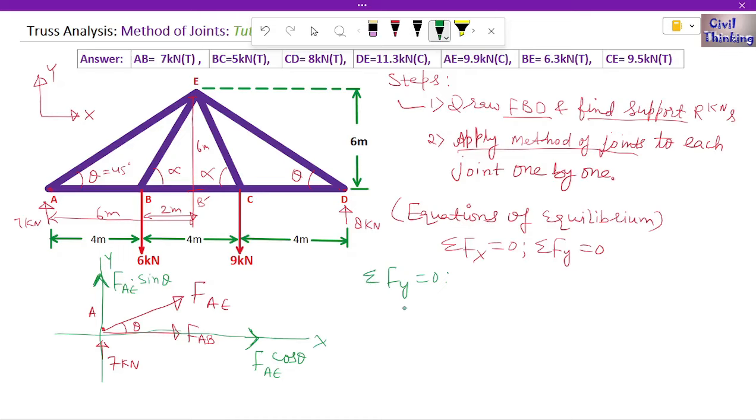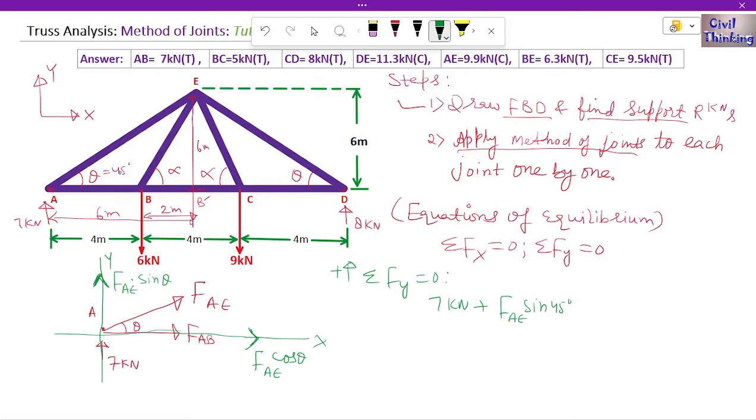Okay, so I'm again assuming upward forces are positive and downward forces are negative. Now this 7 is upward, so it is 7 kilonewton. Now FAE sine theta is also assumed to be upward, so this is also positive. FAE sine theta. Remember, we know the value of theta. It is 45 degrees, right?